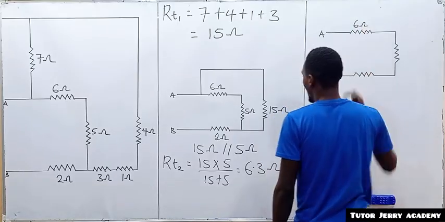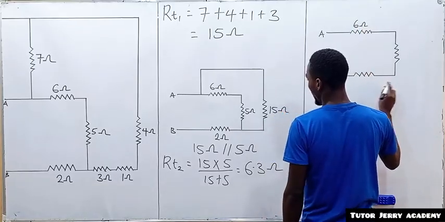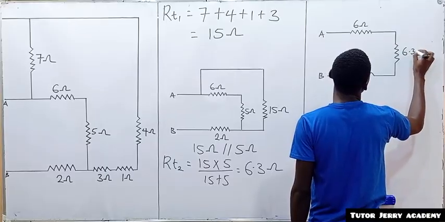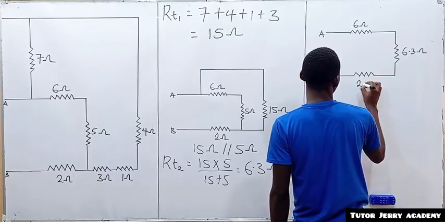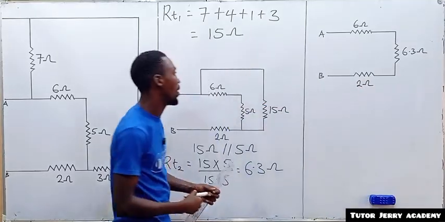We have 6 ohms here. We have 6.3 ohms here. And then here we have 2 ohms. Here is our diagram now.